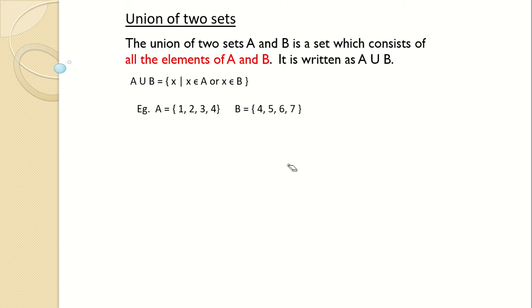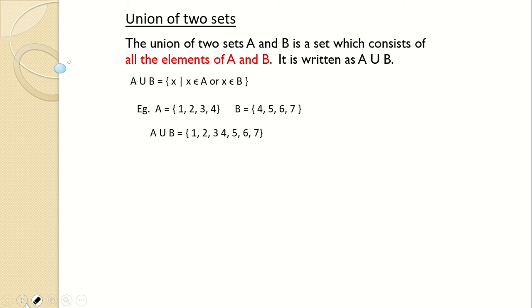Only thing is, while writing a set, the elements that are repeated we don't write twice. We have to write it only once. Rest, A union B means you have to write all the elements of set A and set B together. That is 1, 2, 3, 4, 5, 6, 7. So this is going to be my set A union B.